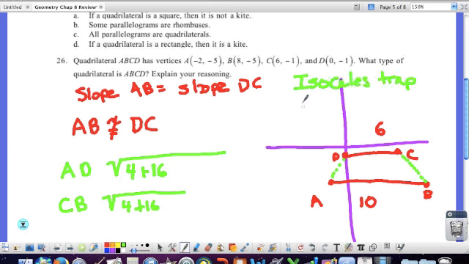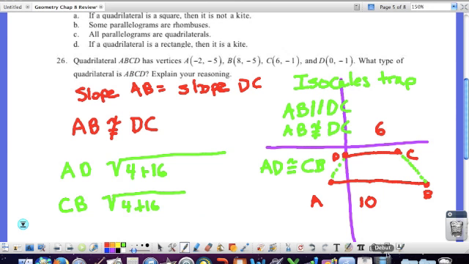And for your description, you would say AB is parallel to DC. AB is not congruent to DC. But AD is congruent to CB. So I have a pair of bases that are parallel but not congruent and legs that are congruent. I meet the definition of an isosceles trapezoid.